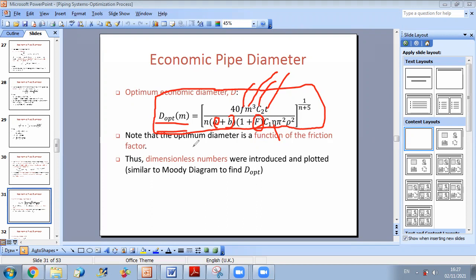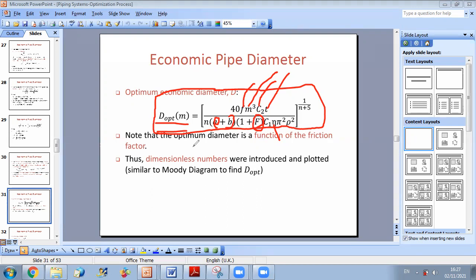Now, because the optimal diameter is a function of the friction factor, we need to have tools to get f. These tools are similar to the Moody diagram, but different, because in the Moody diagram, as we have seen before, you need the Reynolds number and epsilon over d to get the friction factor.